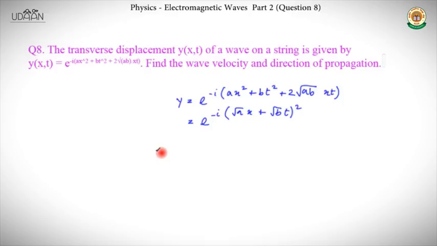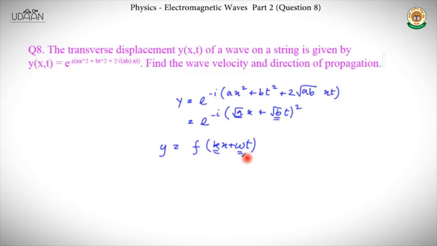So here it is a function of the type y equals a function of kx plus omega t type. Here we have a lot of operations, but still in the end of the day it is a function of the type k and omega. K is related to x, here k can be replaced by root a, and omega is root b.